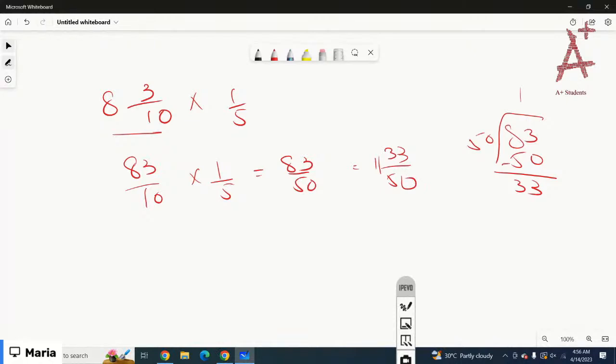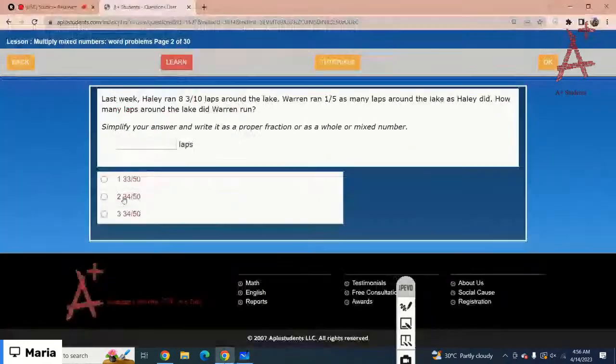Got it? So the correct option is 1 whole 33 over 50. Option number 1 is the correct option.